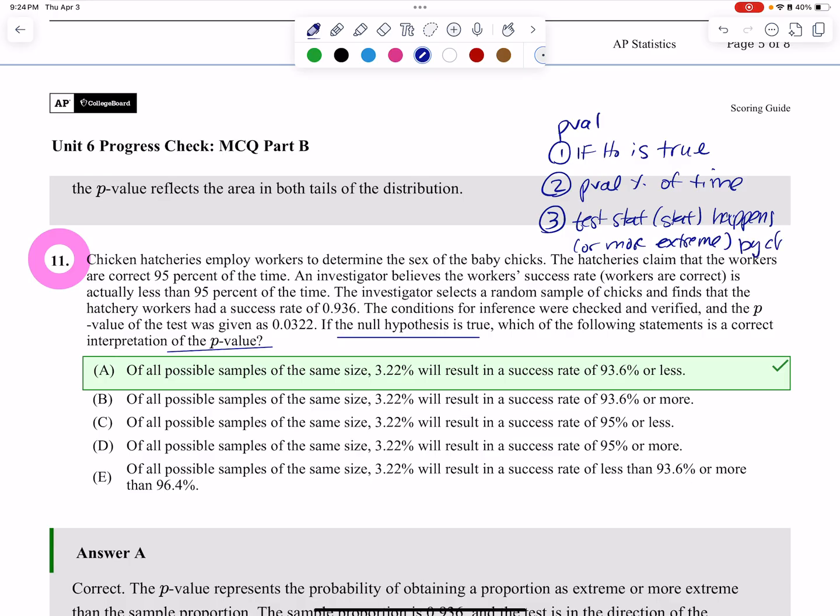And if you look in your calculator under the vocab, the p-value is in the vocab, so you can check that out and see the definition there.